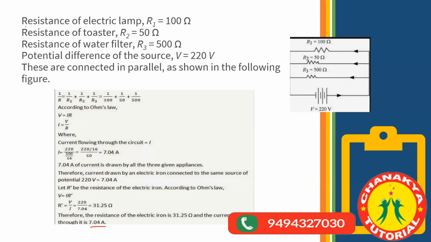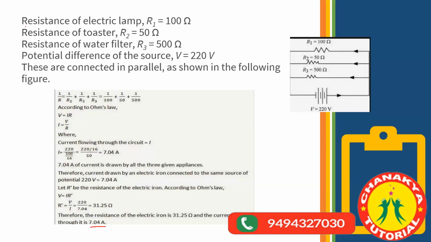First we calculate the current flowing in the circuit: 220 divided by 500 divided by 60. 220 by 16 divided by 50 is equal to 7.04 amperes. 7.04 amperes of current is drawn by all the three given appliances.